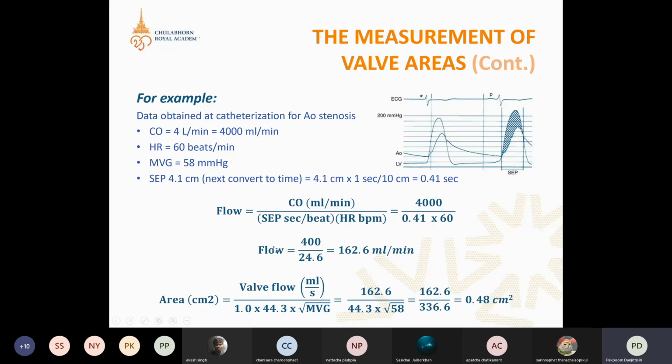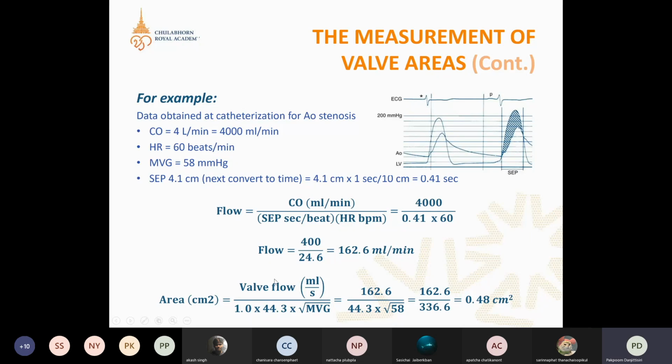And then the flow is 162.6 milliliters per minute.